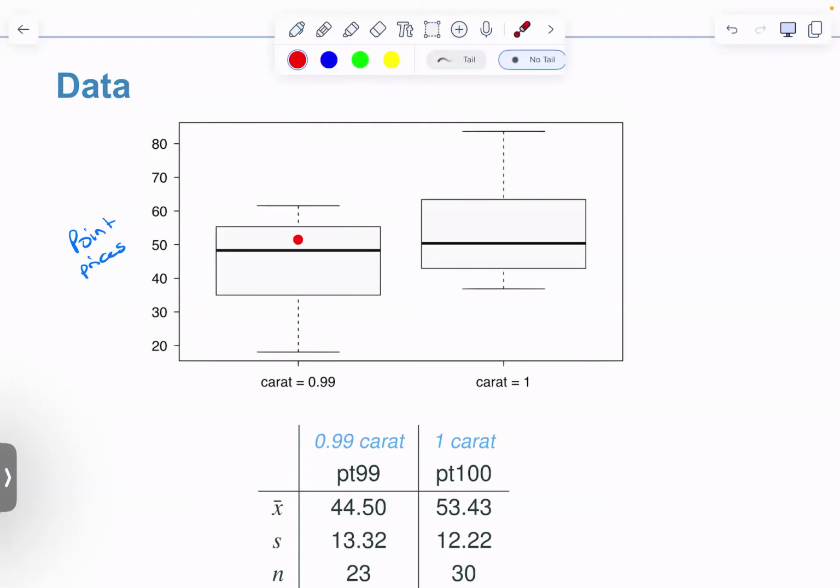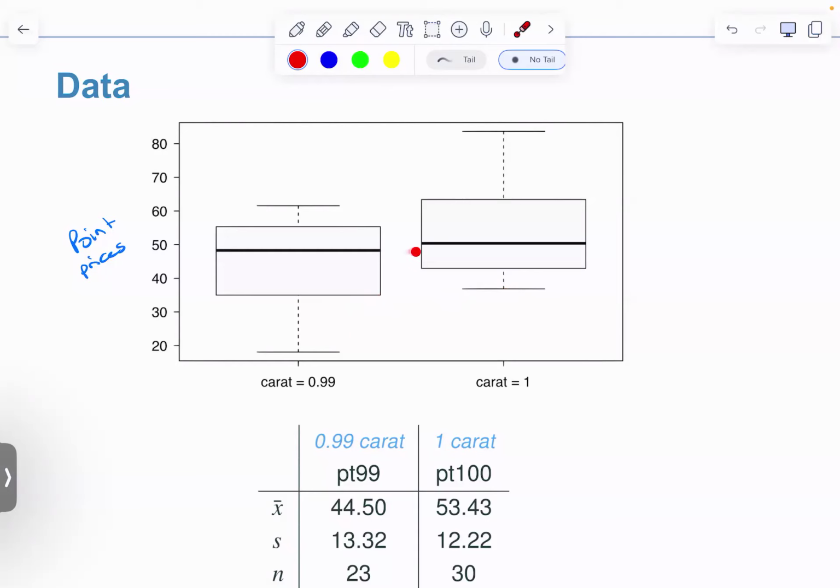So the distribution of the point prices for the 0.99 carat diamonds looks like it tends to be a little bit lower than for the 1 carat, right? Because here the minimum of the 1 carat diamonds is actually higher than the first quartile for the 0.99 carat diamonds.